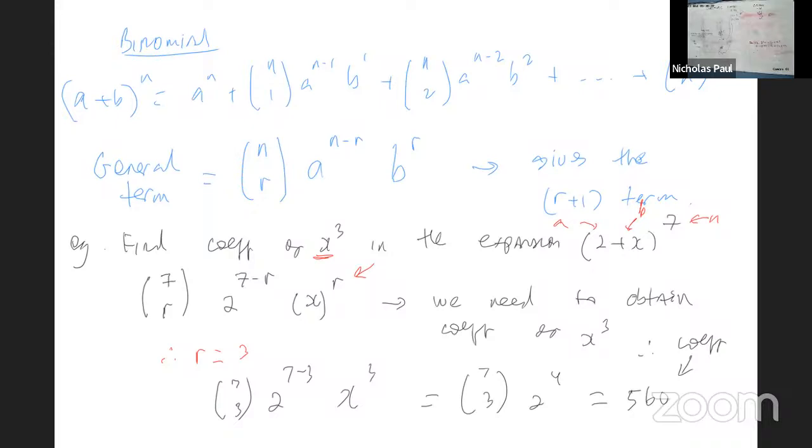Let's see if we could find the coefficient of x squared in the expansion of (x + 1/x) to the power of 6.